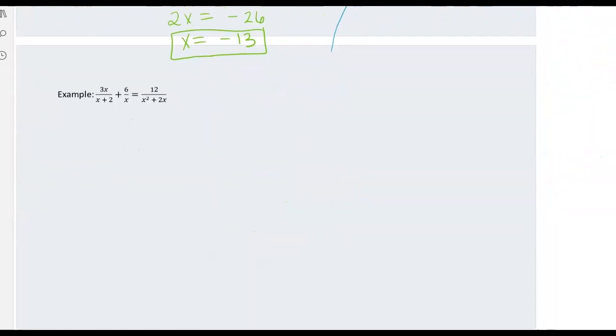All right, one more example of this type. In this case, our least common denominator is going to be x times x plus 2. If I multiply that out, I get x squared plus 2x, and I can see that that will clear the denominator on the right-hand side.